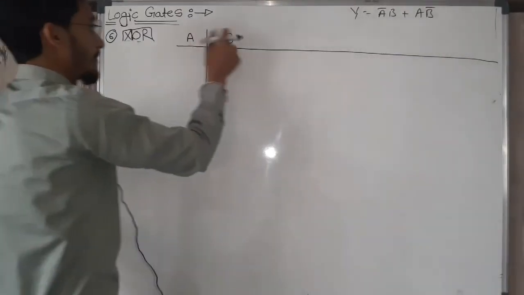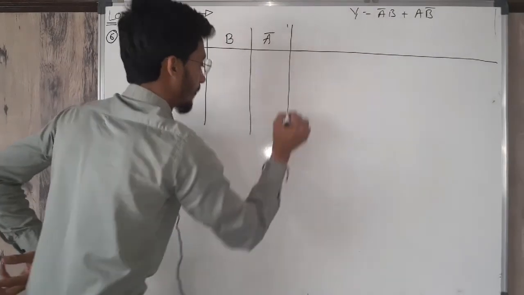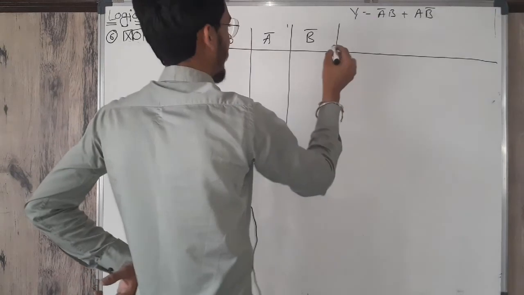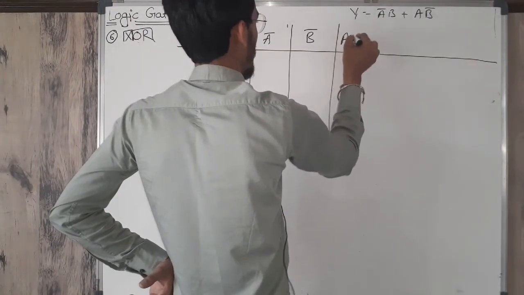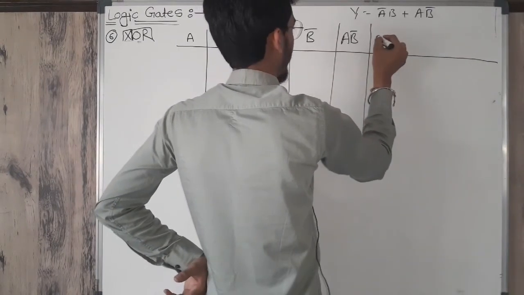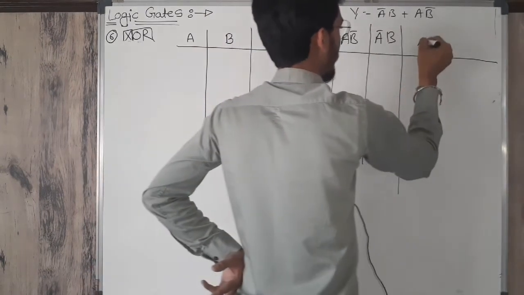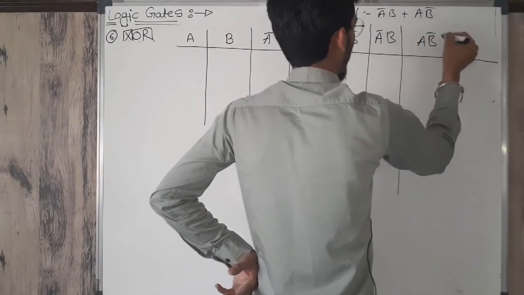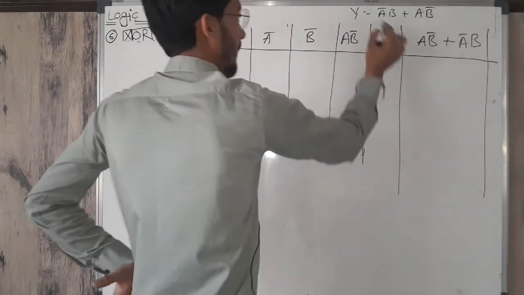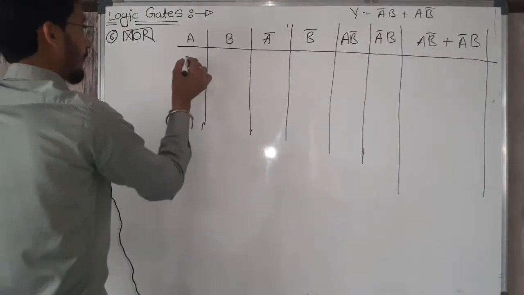So the columns are A, B, then A bar, B bar, then AB bar, and A bar B, and the last one is AB bar plus A bar B. Okay, fine.